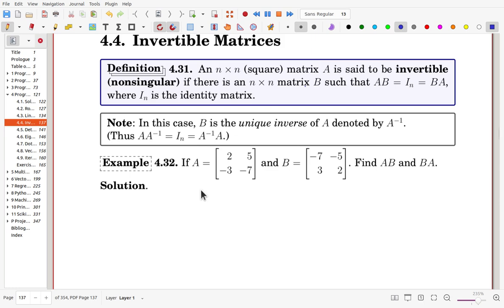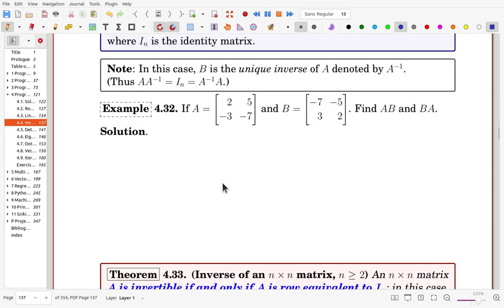See this example. A and B are given, and we have to find AB and BA. Here AB, row times column. First row, first column: minus 14 plus 35. First row, second column: minus 10 plus 10.